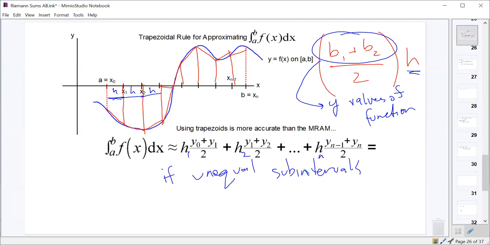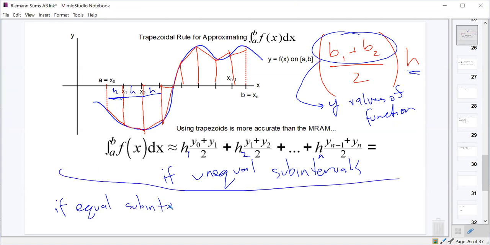Okay. So if the subintervals were equal, what does each of these have in common? The height, right, the height is always the same, and they're all being divided by 2, right? So we could make this h over 2 times y naught plus y1 plus another y1 plus y2.